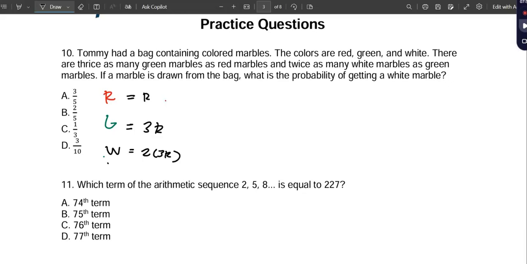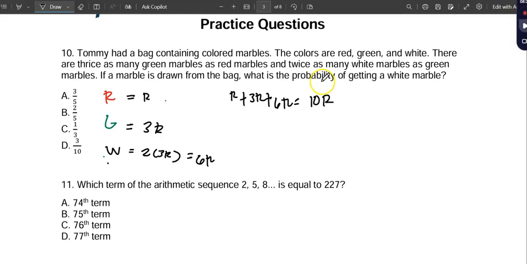So, try natin. Ilang lahat yung ating marble? Meron tayong R plus 3R. This is 6R, right? So, meron kang R plus 3R plus 6R. This gives you 10R. Tama? So, in totality, yung ating marble is 10R. Lahat-lahat.